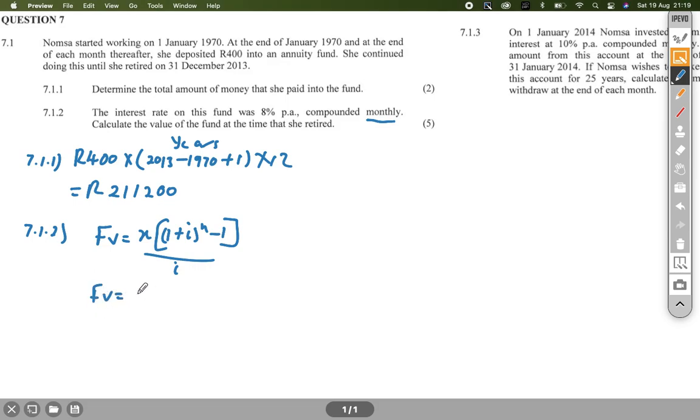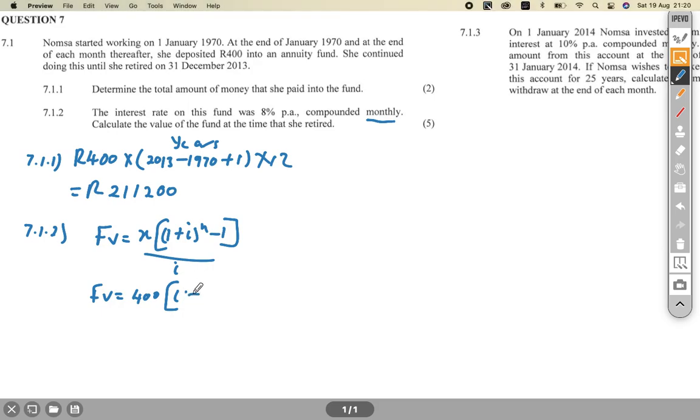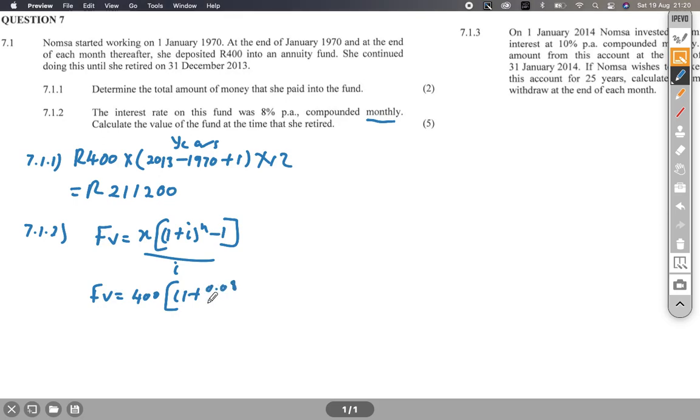Okay, now she paid 400 every month. And then our interest rate is 0.08 divided by 12 since it's compounded monthly.